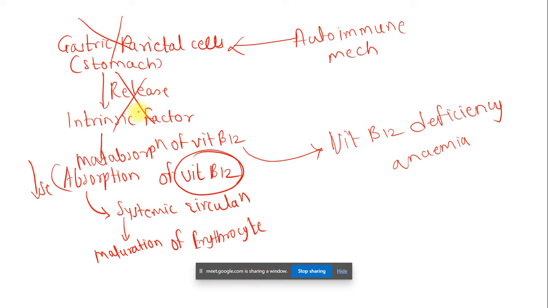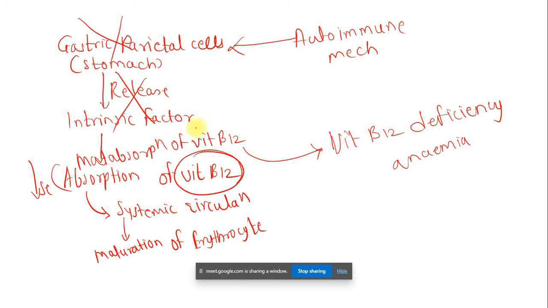Okay, so pernicious anemia is characterized by an autoimmune mechanism that is destroying the gastric parietal cells, that is causing the intrinsic factor release to be hampered, and thus causing the malabsorption of vitamin B12.